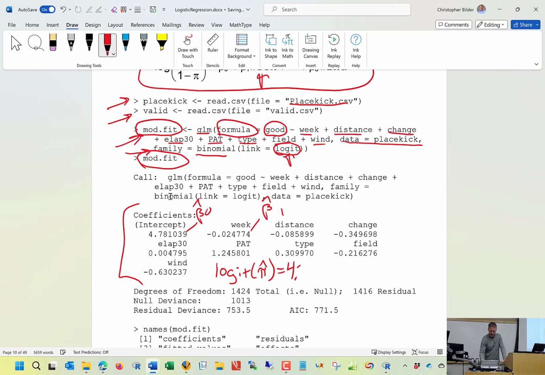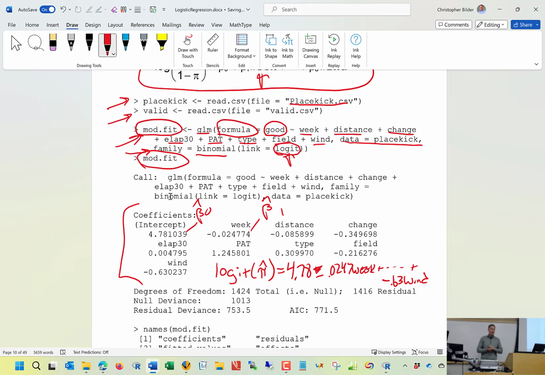I say 4.78 minus 0.0247 times week. And I can keep on going all the way down to the win variable, negative 0.63 times win. That's my estimated logistic regression model.